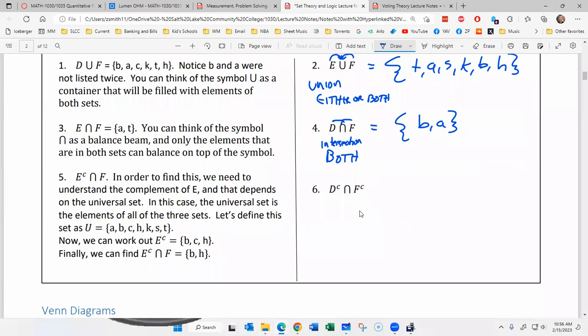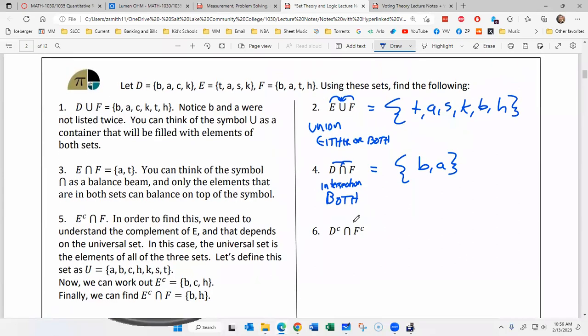All right, now this notation, D superscript C, is outside of. This is the universe, this is the complement. So what's outside of D and outside of F? It's useful to create, and you're usually given, the universal set. That's everything in all of them. It's the union of everything. A, B, C, H, T, S, K. Yep, that's everything.